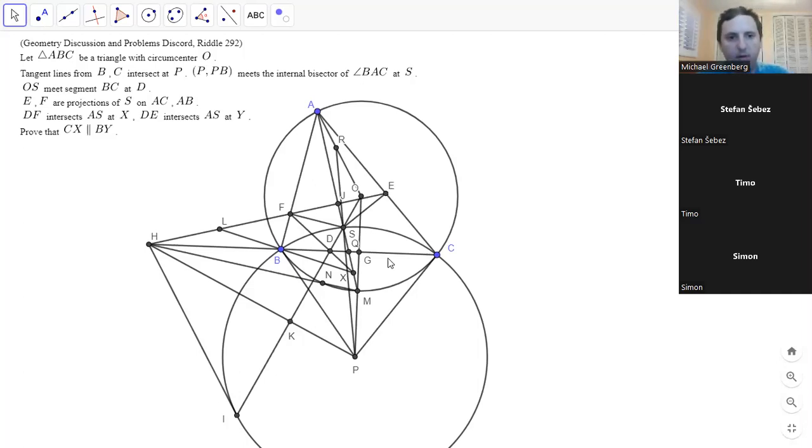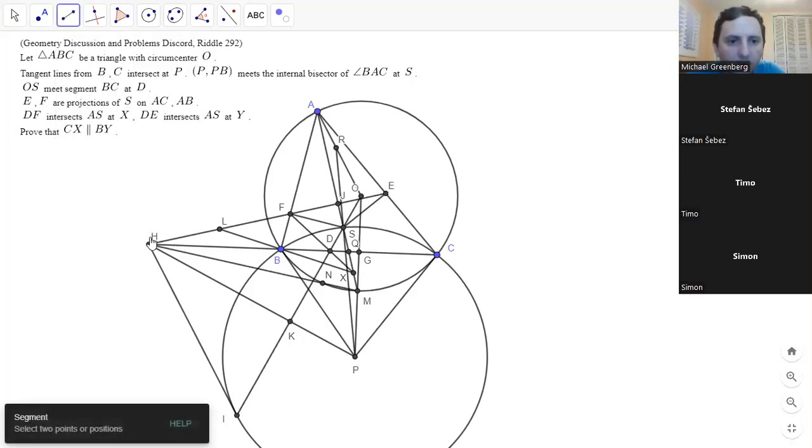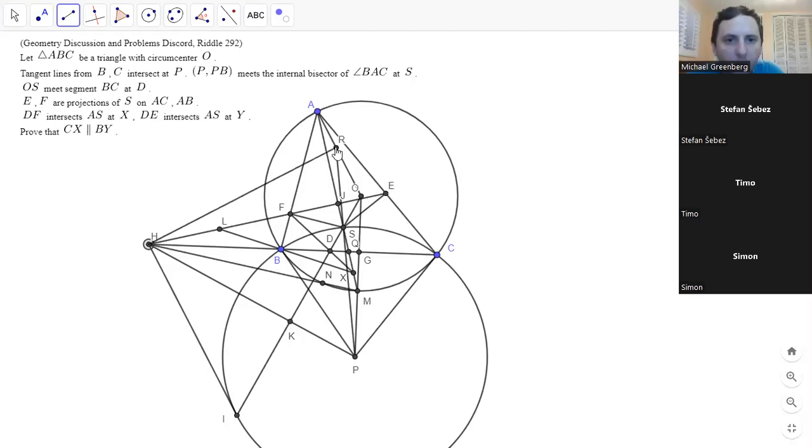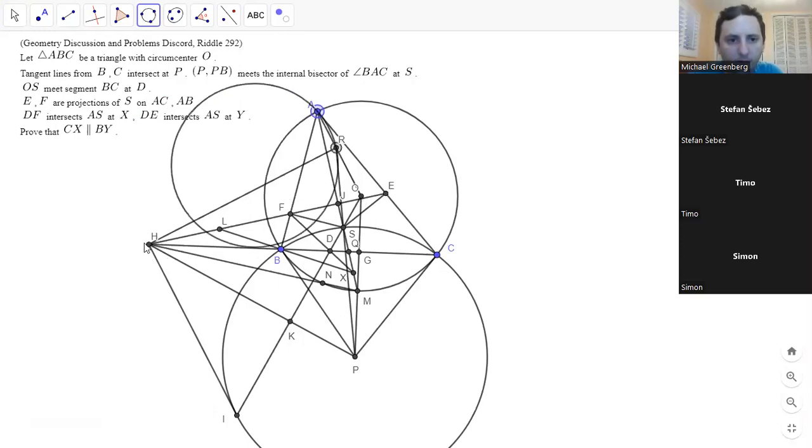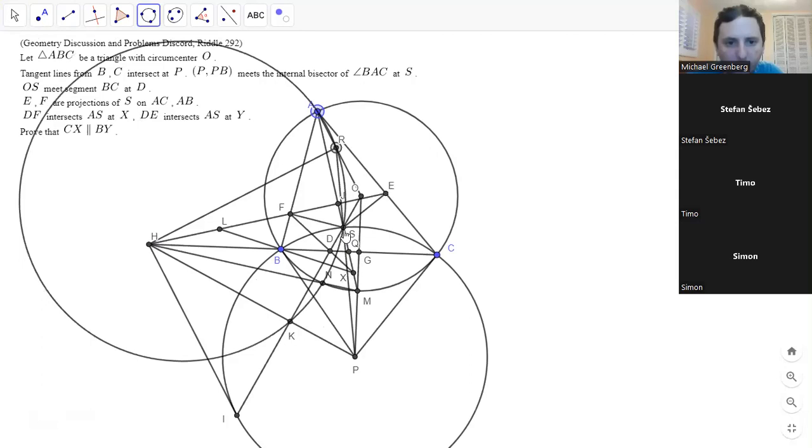It's tricky. HR should be perpendicular to AO, I think. Okay. That's an interesting observation. So we knew that, I think, ARSKN was cyclic.